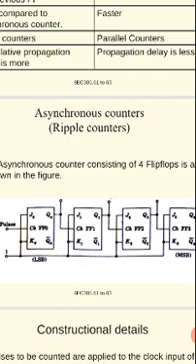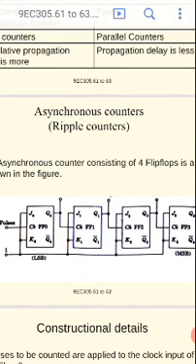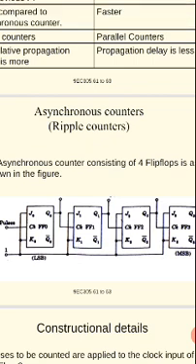The clock pulse is applied directly to the first flip-flop, and the next clock pulse is applied to the flip-flop as the output of the previous flip-flop. This is the basic fundamental of asynchronous counters.